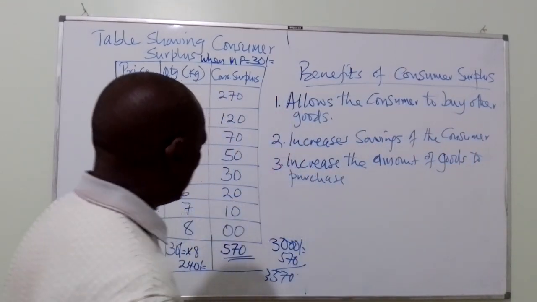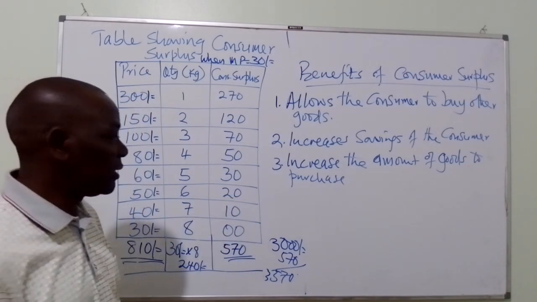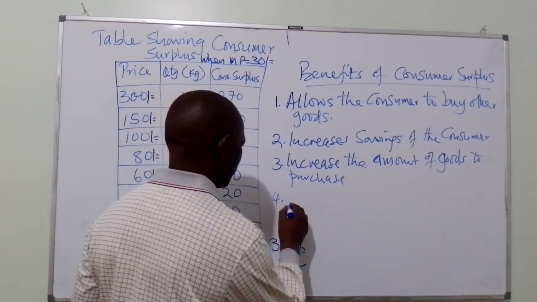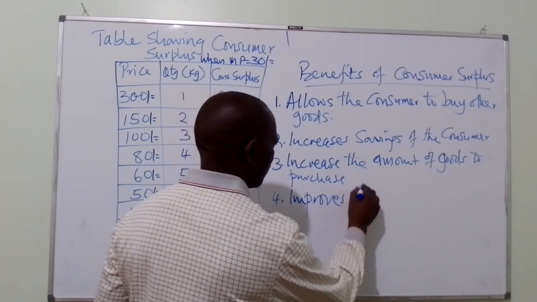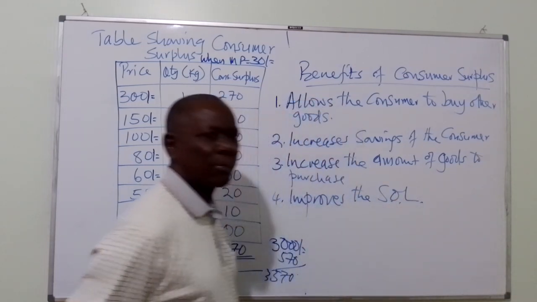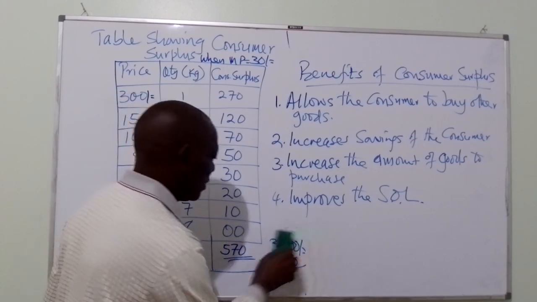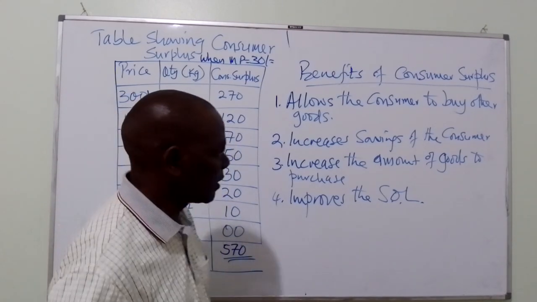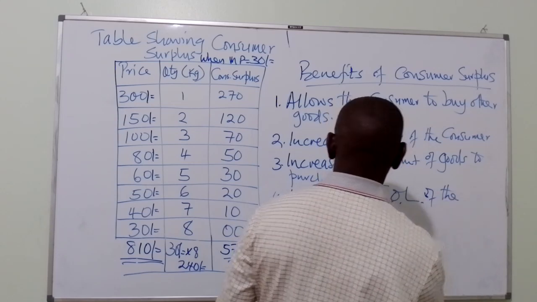So it increases the variety, it increases even the amount. Number 4, it improves the standard of living of the consumer.